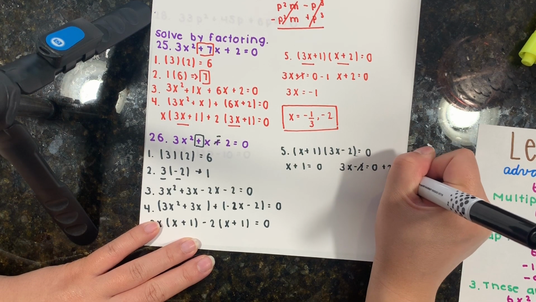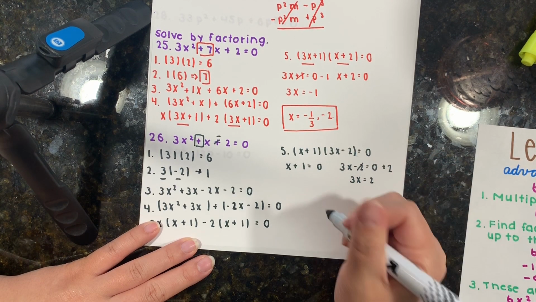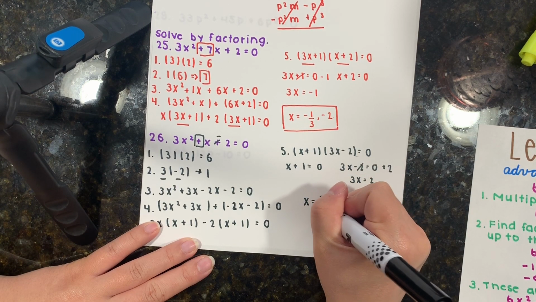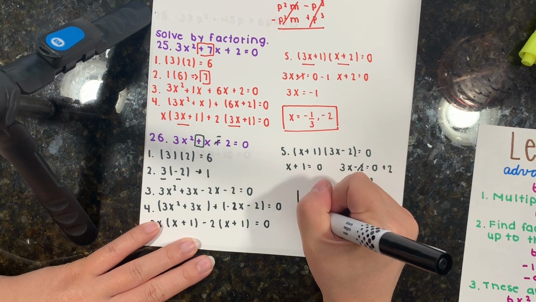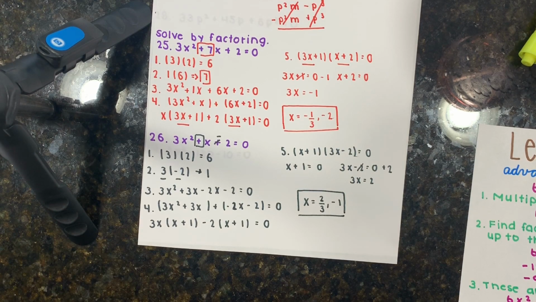Move the 2. So you have 3x equals 2. So your answer is going to be x is equal to 2/3, and then x is equal to -1. And those are your answers.